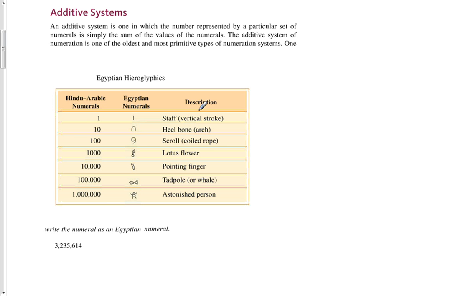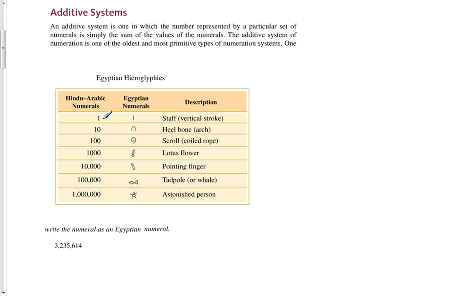The number 10 is the heel bone. It's like an upside down U or an arch. This swirl or scroll, a coiled rope, represents the number 100. The lotus flower represents the number 1000.